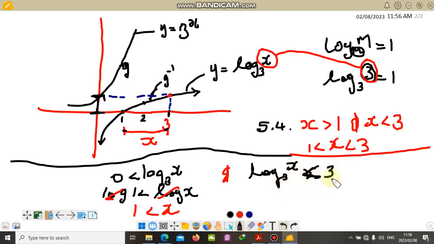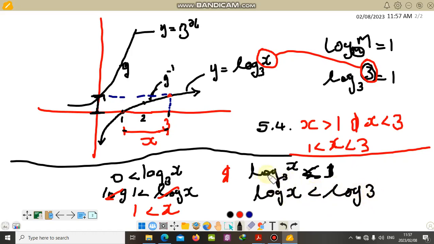So when you solve this, this is log x over log 3 less than 1. When I cross multiply, I will have log x less than log 3.